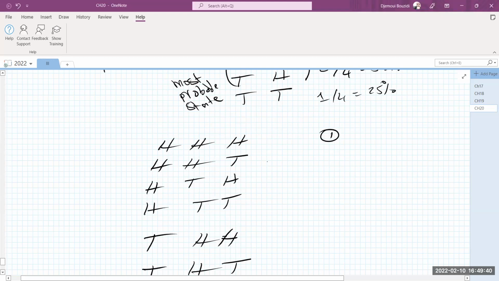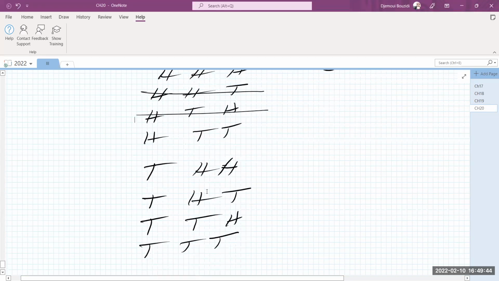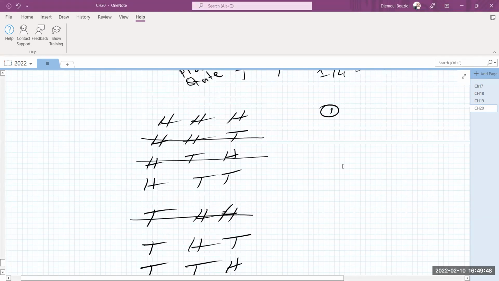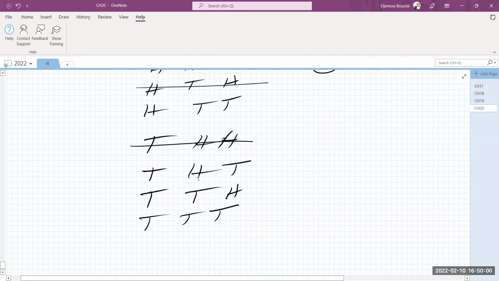Having 2 heads, I have one here, one here, and one here, so I actually have 3 cases of 2 heads. So this is all 3 heads, and I have 1 of them. Having a single head, I have 1 in this case, 1 in this case, and 1 in this case.